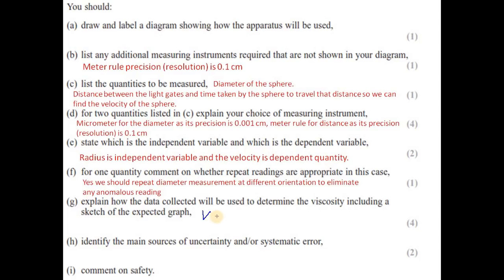That means if you see the formula, the formula involves V and R square. So we would have various readings of velocities corresponding to each radius. So we can plot the graph of V against R square, and we can expect a straight line. So this is a sketch of the graph.